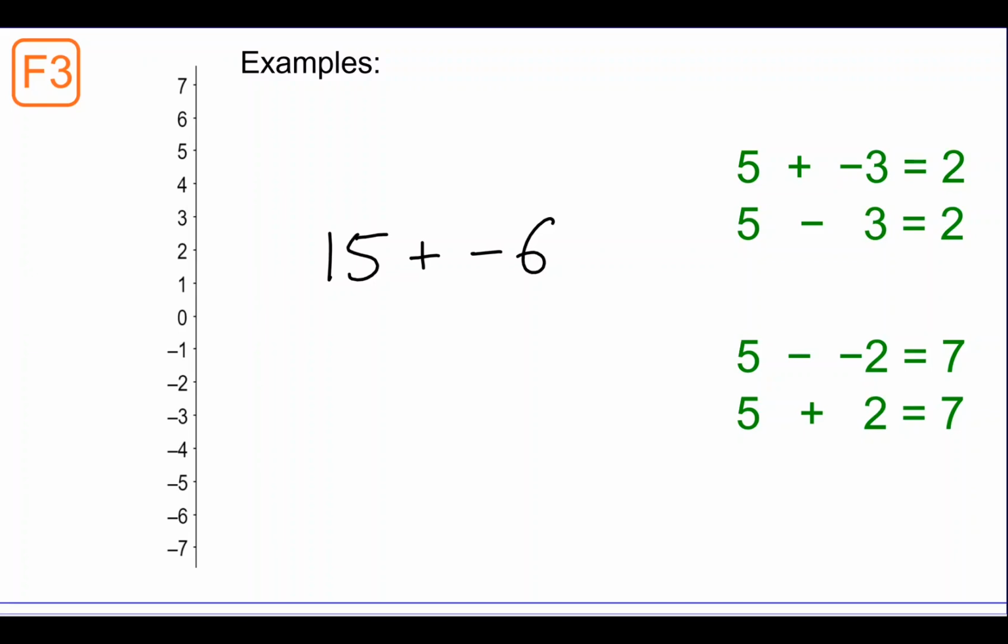Which rule will this be? Well, we're adding a negative number, so it's this rule. So I can replace it with 15 take away 6, which is 9.